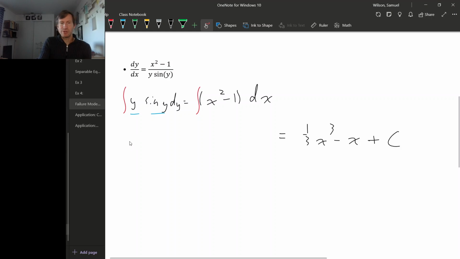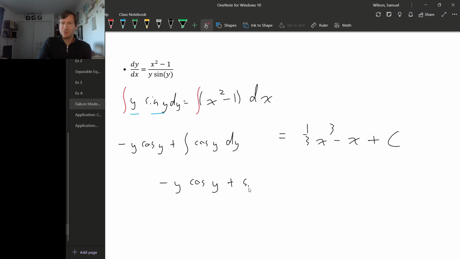So we're going to get minus y times cosine y plus the integral of cosine y dy. So we get minus y cosine y plus sine y equals 1/3 x cubed minus x plus c. Okay, so we were able to do the integral that time.